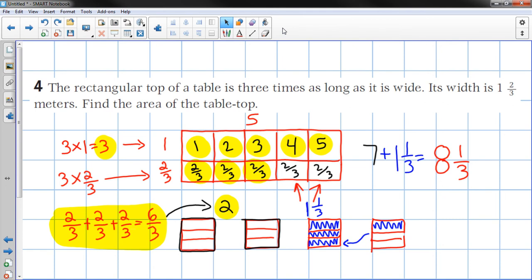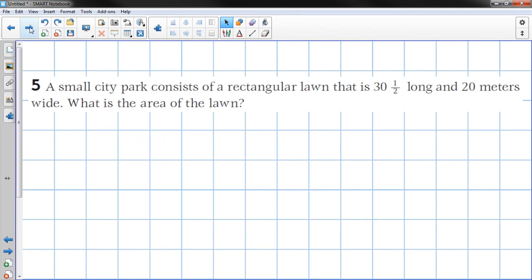One more. Nope, maybe two more. Can't remember. A small city park consists of a rectangular lawn that is 30.5 long. I think they forgot the meters part. And 20 meters wide. What is the area of the lawn?